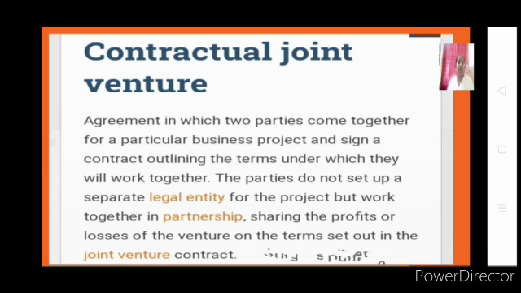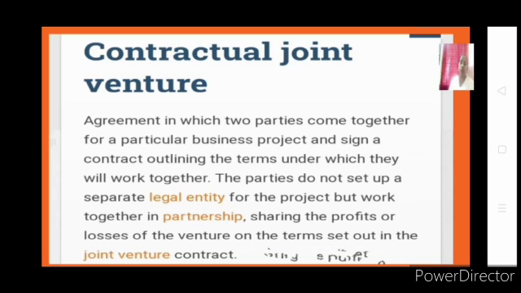For example, there is a project from the government that they have to lay roads up to a particular number of kilometers. Someone has to lay the road, and the government wants to give that contract to private people. Now I am a company, I individually cannot lay the roads, I don't have so many resources and finance.